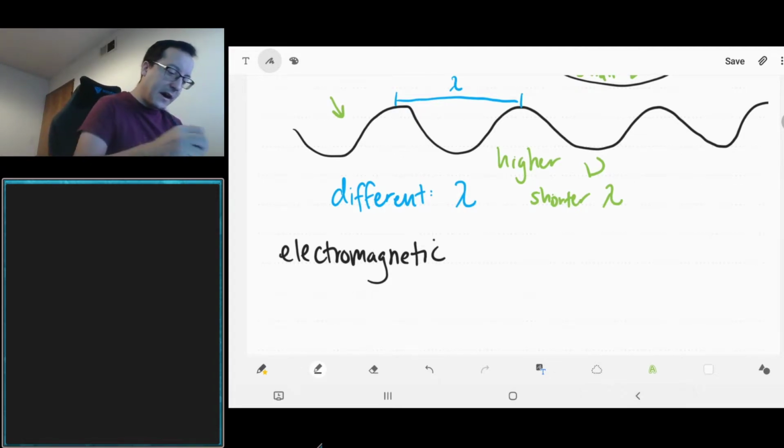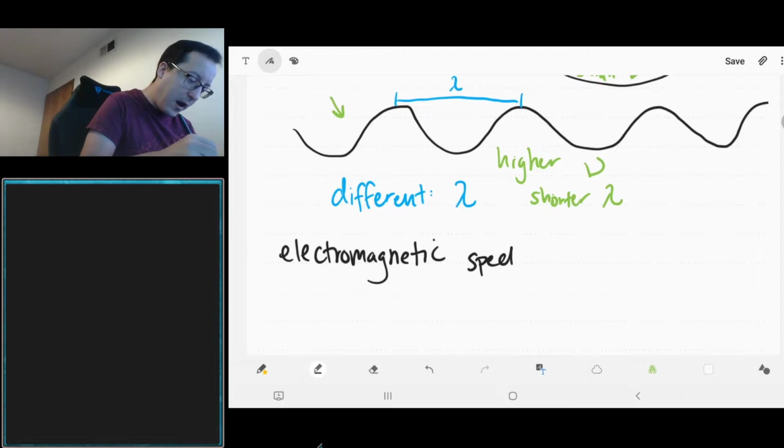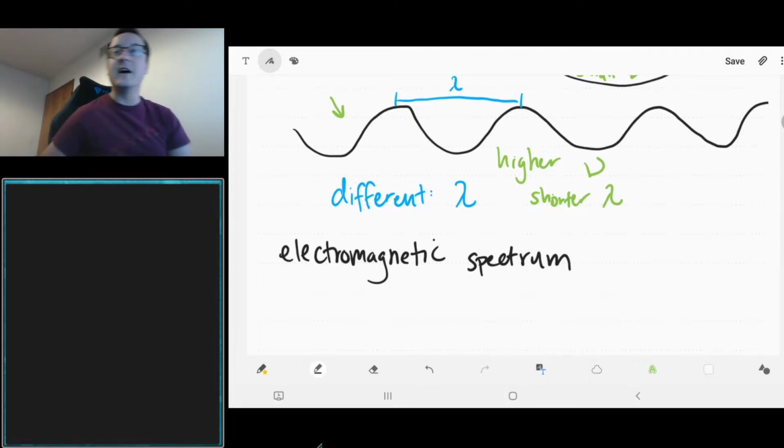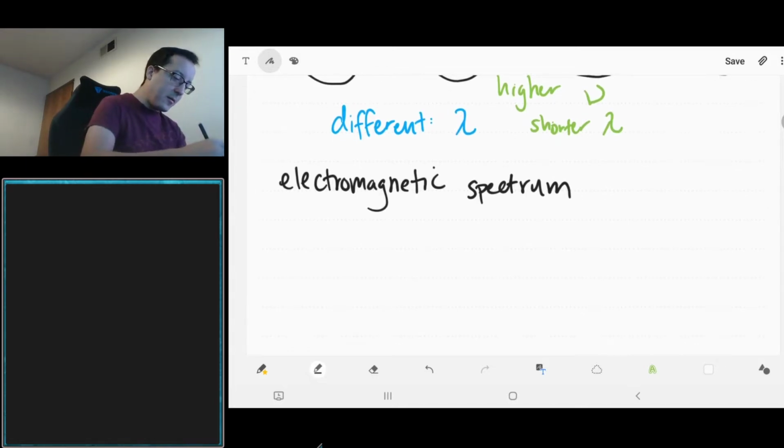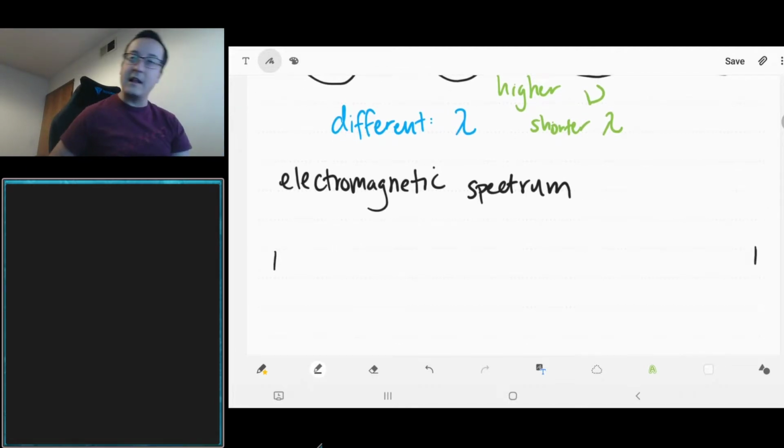We're going to see that we have a way of classifying different waves of light. We can classify them as either wavelength or frequency. For me, I think I prefer to do it as wavelength. But we can do the same thing.